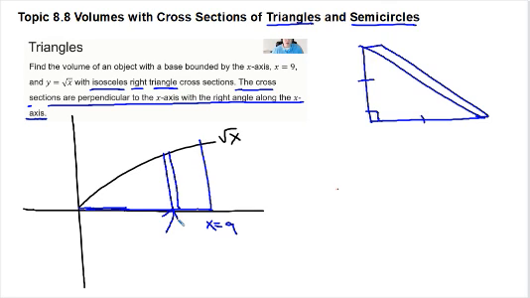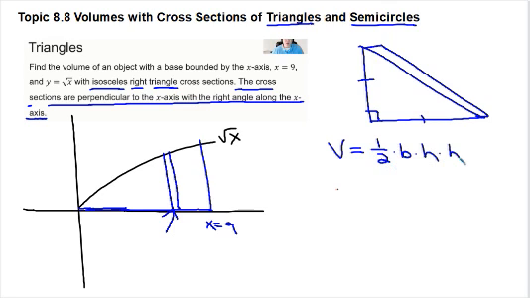So what I have here is just the volume of this isosceles triangle, which is always the area of the base, and the area of the base is a triangle, 1/2 the base times the height, times the height of the figure.